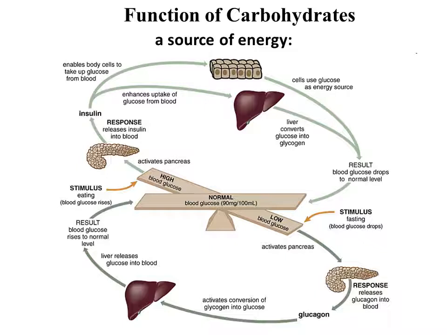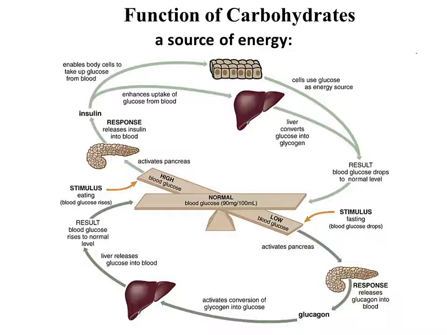If you take in more glucose than the cells in your body actually need, what happens is that excess glucose will then go to the liver and get stored in the form of glycogen. Sometime later in the afternoon, when it's been a couple hours since you last ate, what's going to happen is your glucose levels are going to start to drop, and you can then initiate the release of glucose into the blood from the glycogen that had been stored in your liver.